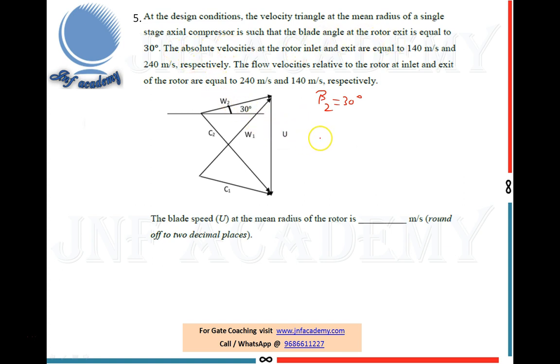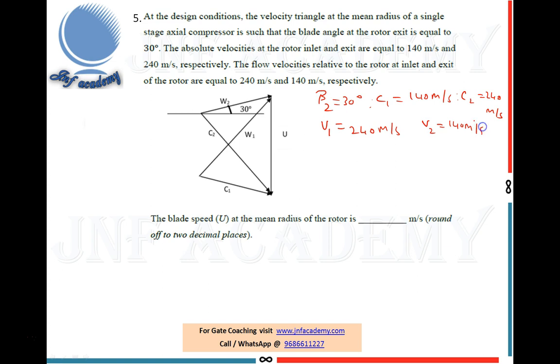Again they have given the absolute velocities at rotor inlet and exit. So C1 is equal to 140 meter per second and C2 is equal to 240 meter per second. The flow velocities relative to the rotor at the inlet and exit are V1 equal to 240 meter per second and V2 equal to 140 meter per second.